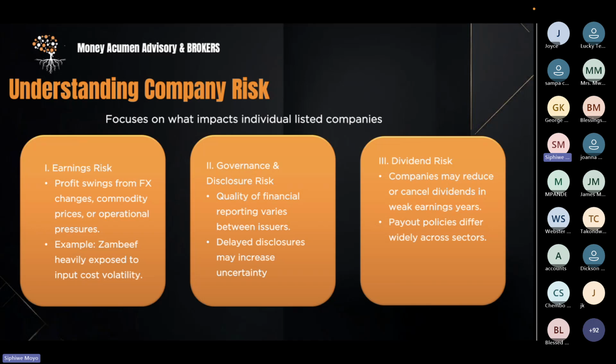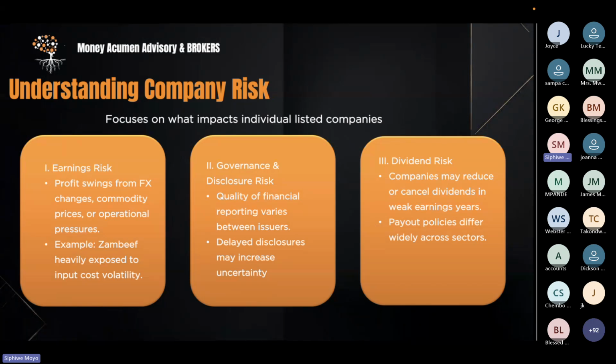Still on company-specific risk, governance and disclosure risk. Those who are active on the market notice that some announcements pop up from different brokers concerning these listed companies, be it governance related, like new board appointments and all that.